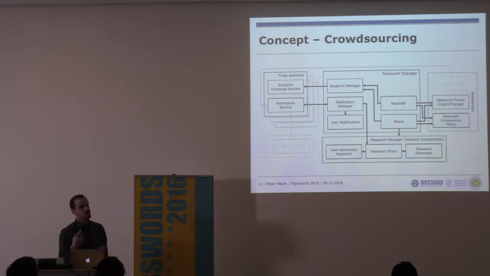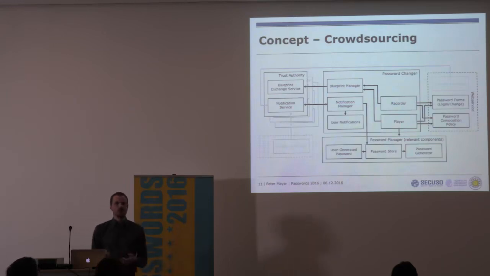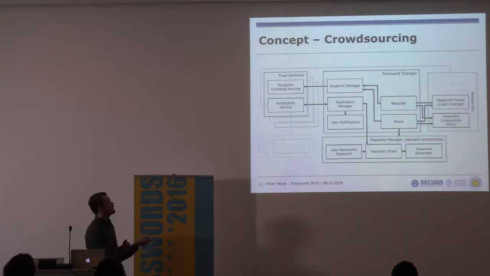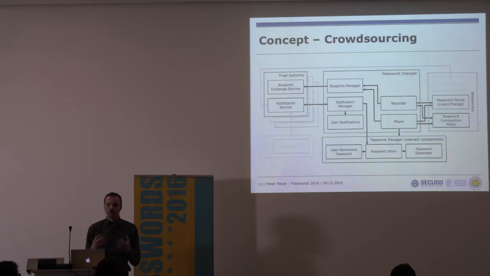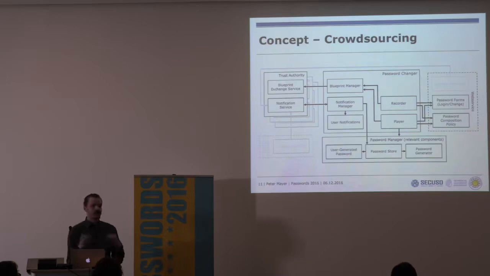The first one is a blueprint exchange service, and that's probably the most obvious thing. So the user simply records this blueprint, then it's in the manager, and he can upload it. And afterwards, the trust authority should actually screen this content, make sure that it's valid and that it's non-malicious, and afterward, other users can download it to simply perform this automatic change on their machines.